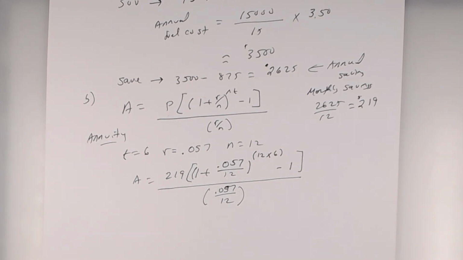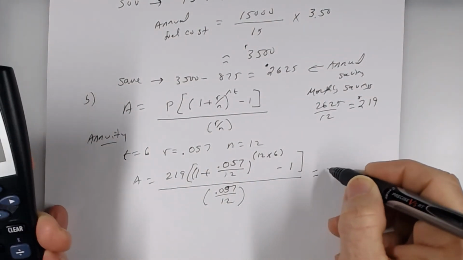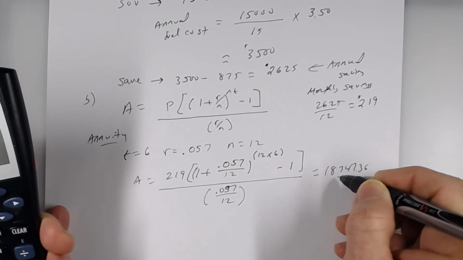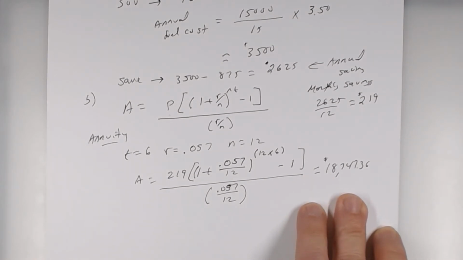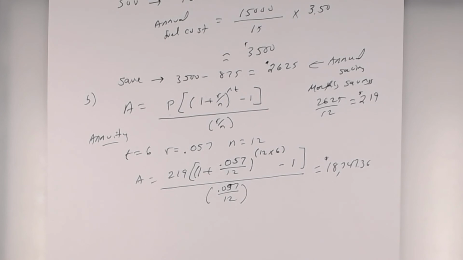Okay, so what you get, and it looked like most of you were able to get this. This is what I got. So, what does that amount represent? $18,747.36. What does that represent? The amount you make if you were to invest what you save.